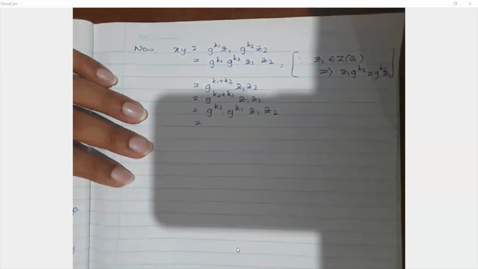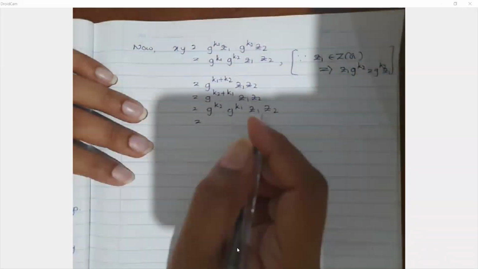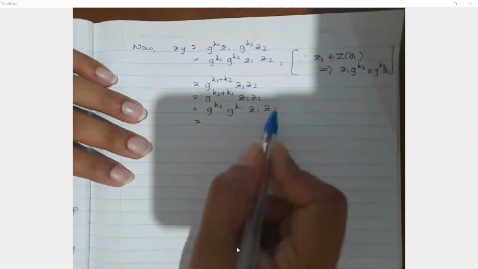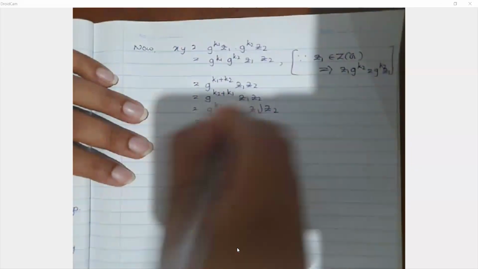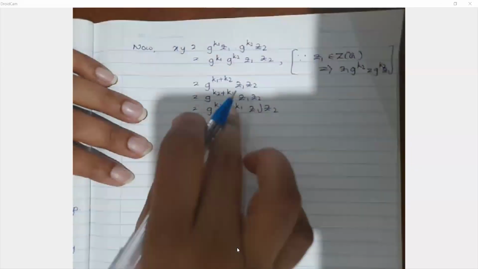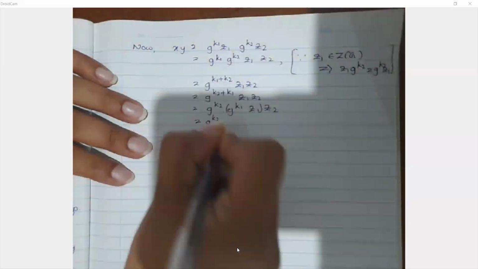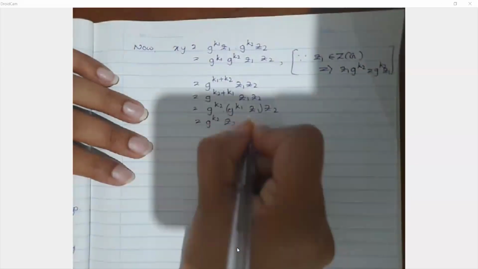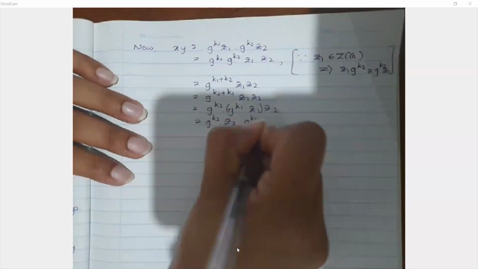Now what we are going to do is, G is a group, so using the associativity and the fact that z2 is in the center, I will simply group these two so that you can easily see this. I will commute these two. Let me first write it and write the reason after that. g^k1 z1.